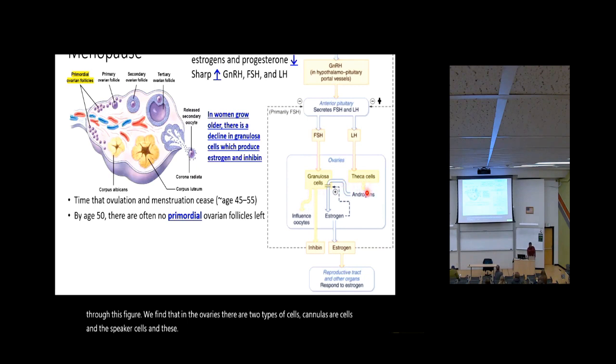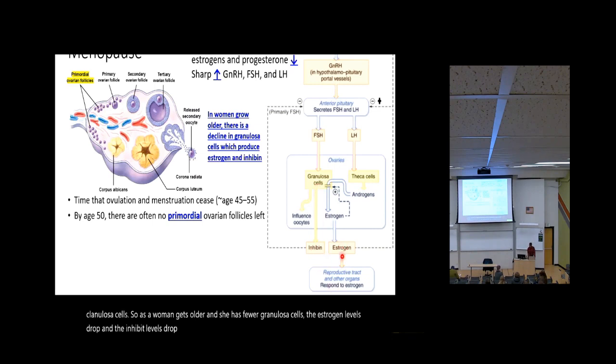and these theca cells will actually produce androgens, just like how the Leydig cells in the testes produce androgens, right? The androgens will be converted into estrogen by the granulosa cells. So as a woman gets older and she has fewer granulosa cells, the estrogen levels drop, and the inhibin levels drop.